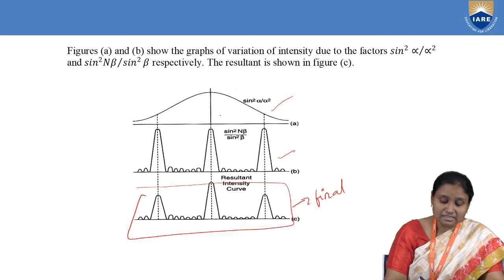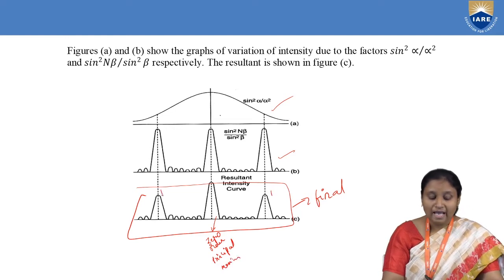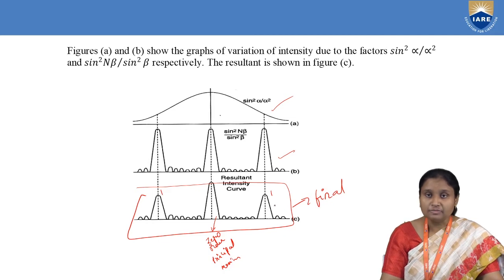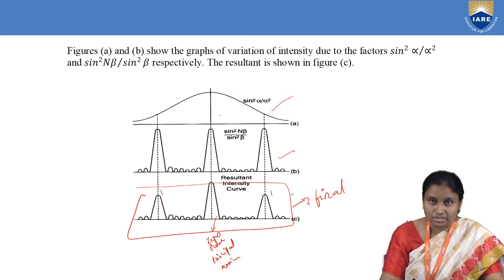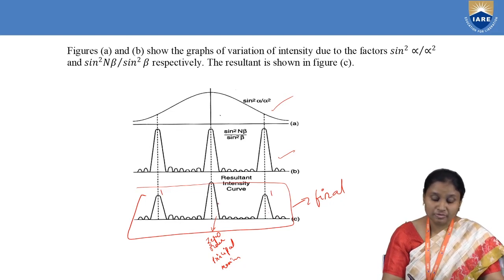And what does it consist of? This is the zero order principal maxima, and this is the first order principal maxima and so on. Intensity of principal maxima keeps on decreasing as order increases. Principal maxima of the same order are present on either side of the zero order principal maxima.